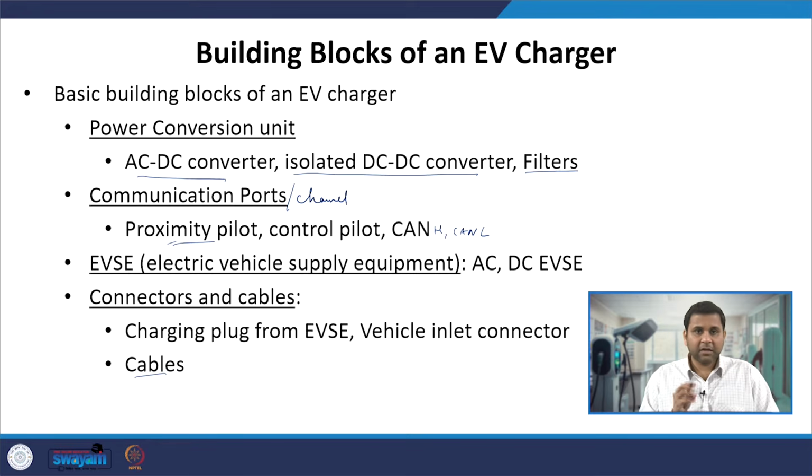At the same time, the kind of cables to be used and the length of cables are also very necessary when you are designing or building an EV charger. So these are the building blocks of an EV charger.